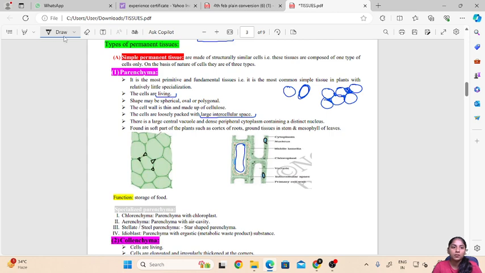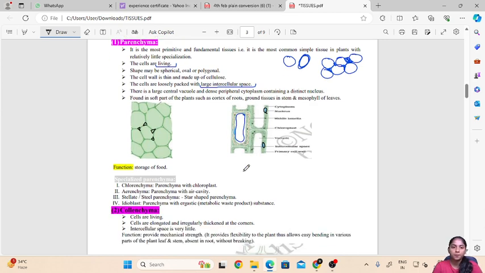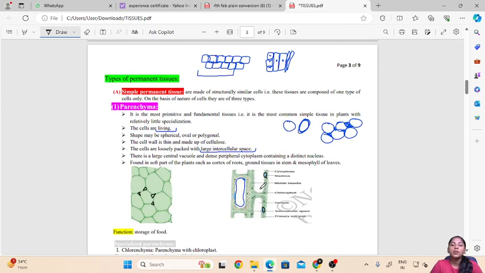Then parenchyma tissue is usually found in the soft parts of the plant, that is the cortex of roots and ground tissue. The function of parenchyma tissue is mostly storage of food.